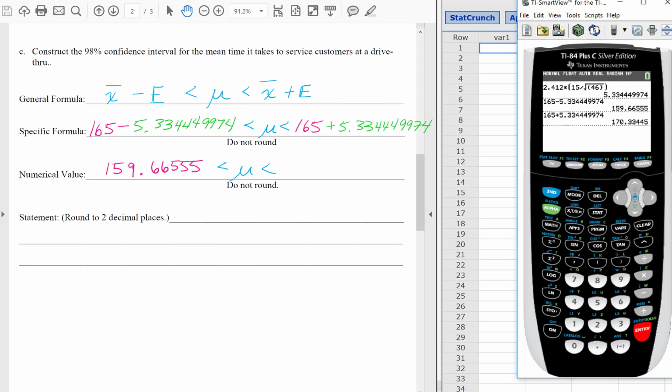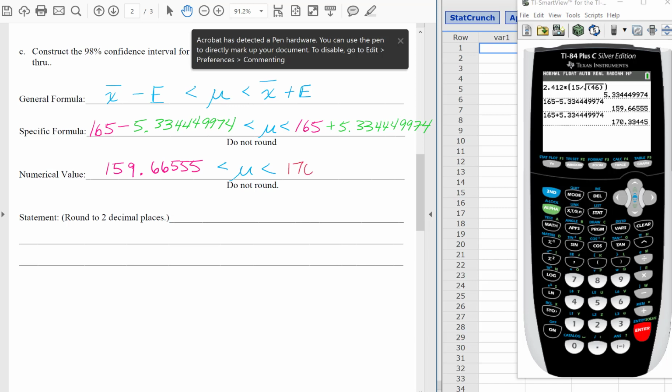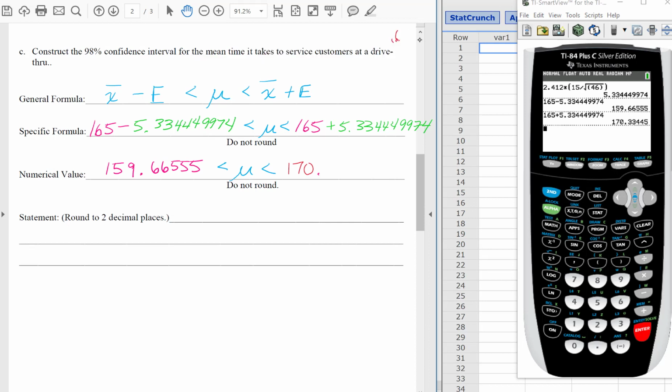Enter. And our upper boundary is going to be 170.33445. Here we go. So remember, these are going to be in seconds.